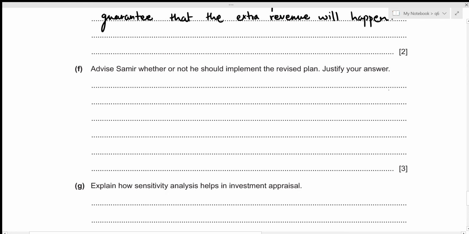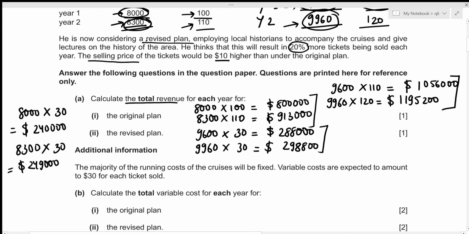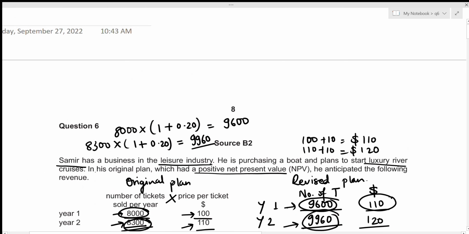Okay, the first one is that we were told that the net present value for our original plan had a positive value. Let's have a look above. Yeah, right here. We are told that his original plan had a positive net present value. And we also figured out that for our revised plan, there is obviously an increment in net present value.